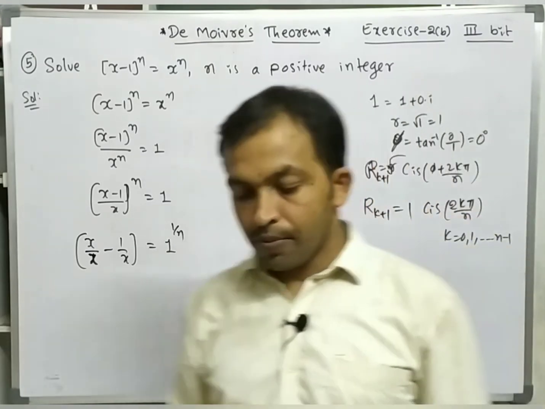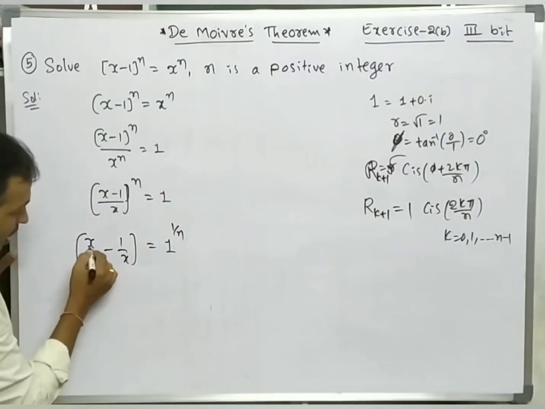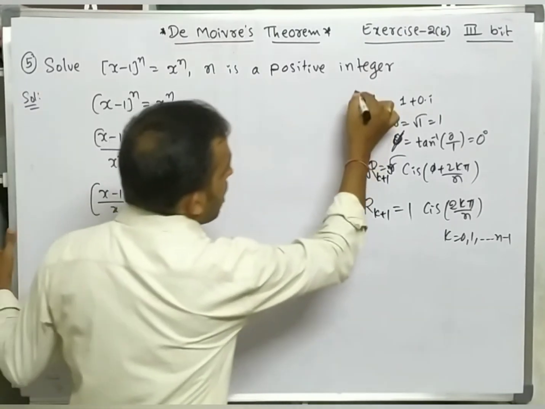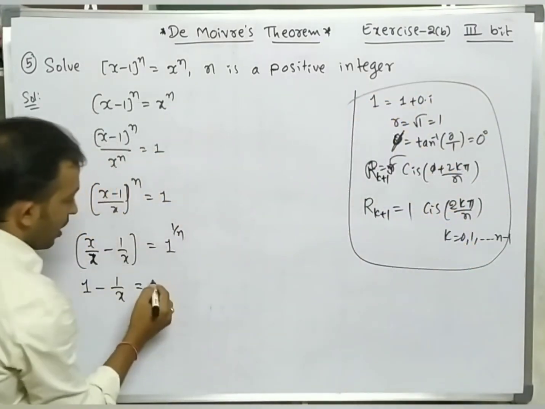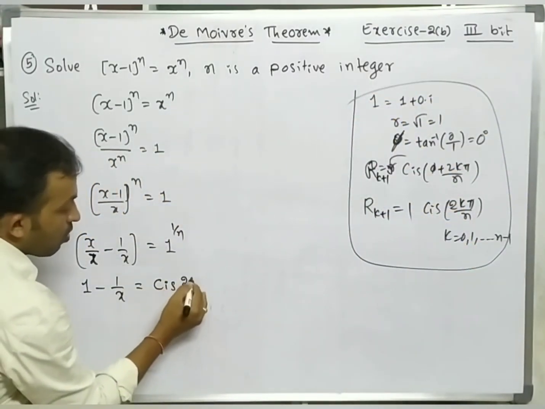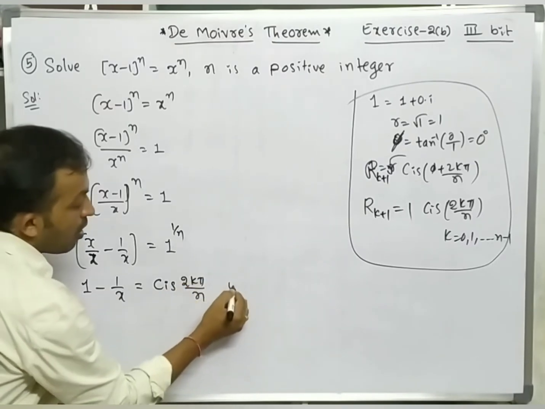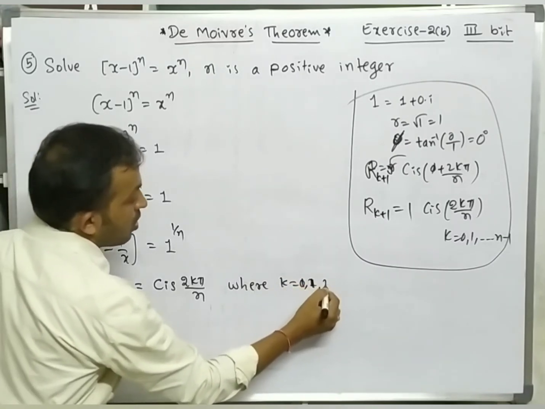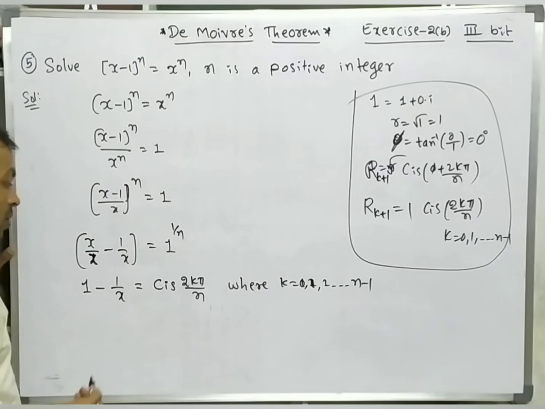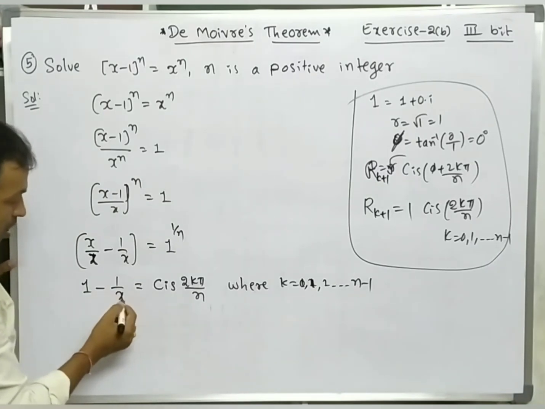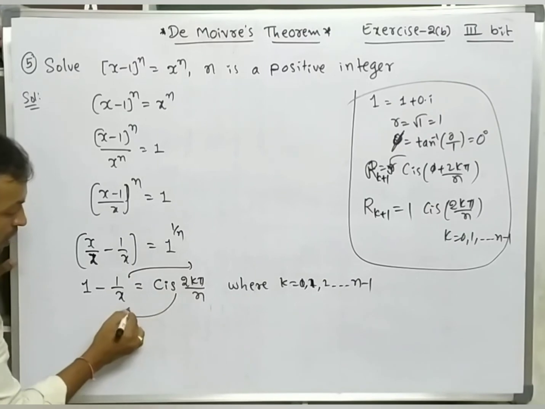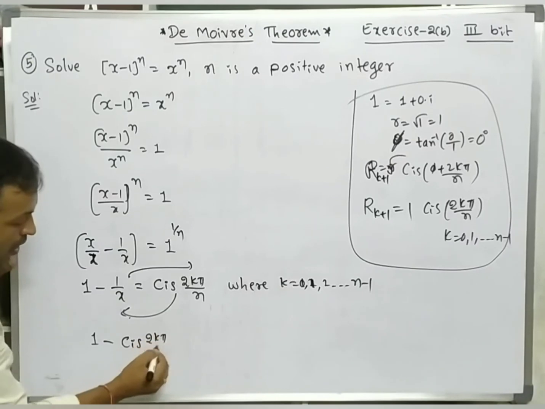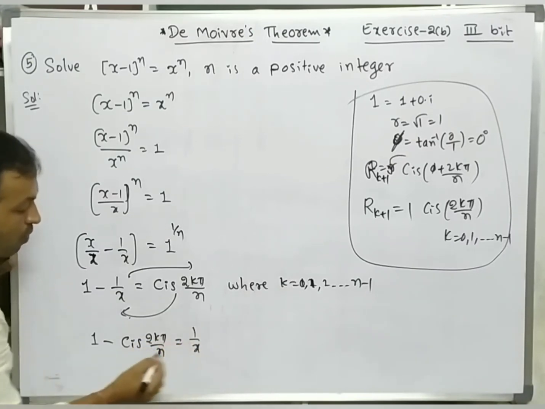Okay, that's it. Now here x cancel, 1 minus 1 by x is equal to nth root of unity. Nth root of unity can be written as what? Cis 2k pi by n, where k is equal to 0, 1, 2, so on n minus 1, right? Now rearrange the terms. Bring this side. 1 minus cis 2k pi by n is equal to 1 by x.